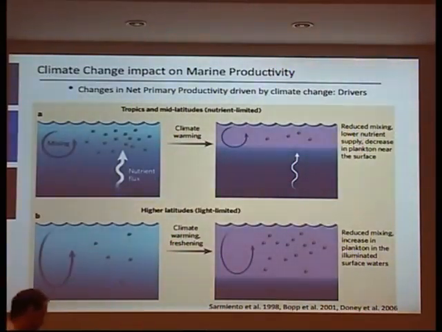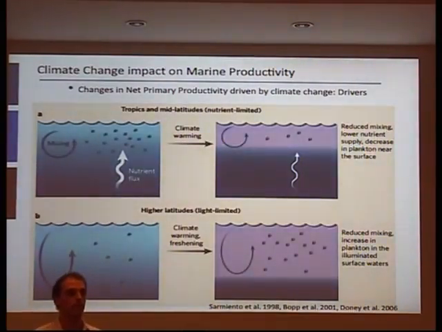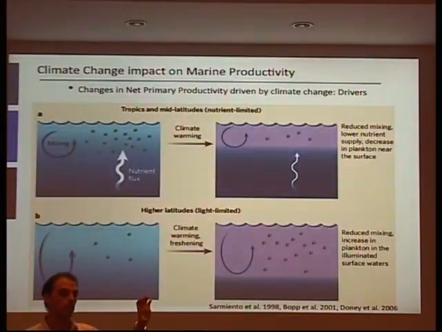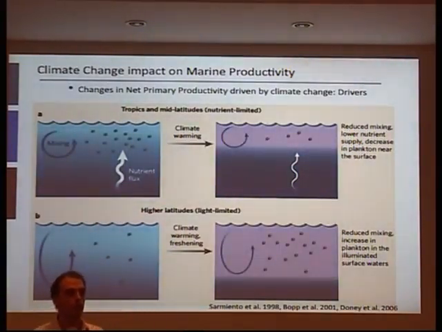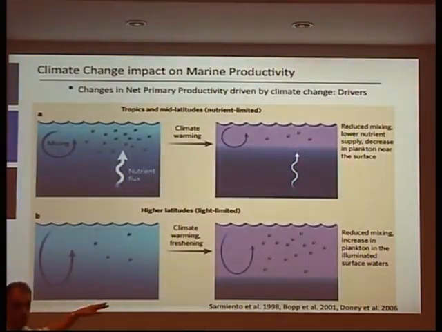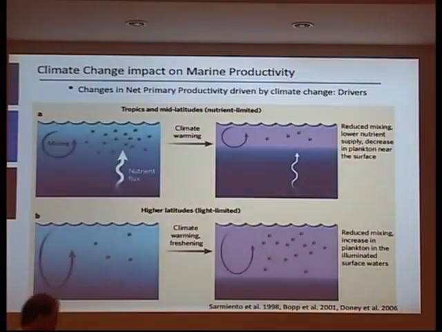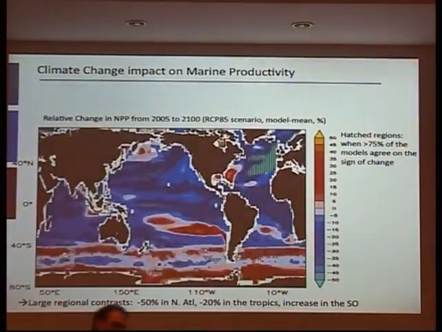Why did they increase in the subsurface water in the tropics? What I've shown was integrated NPP, so this would encompass all the subsurface and surface. But if you look at the vertical distribution of chlorophyll and biomass, you have very interesting things depending on the regions you look at.